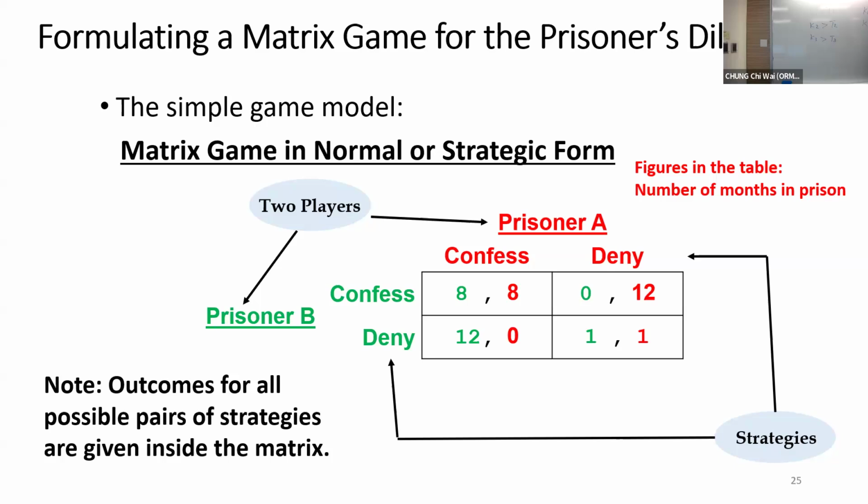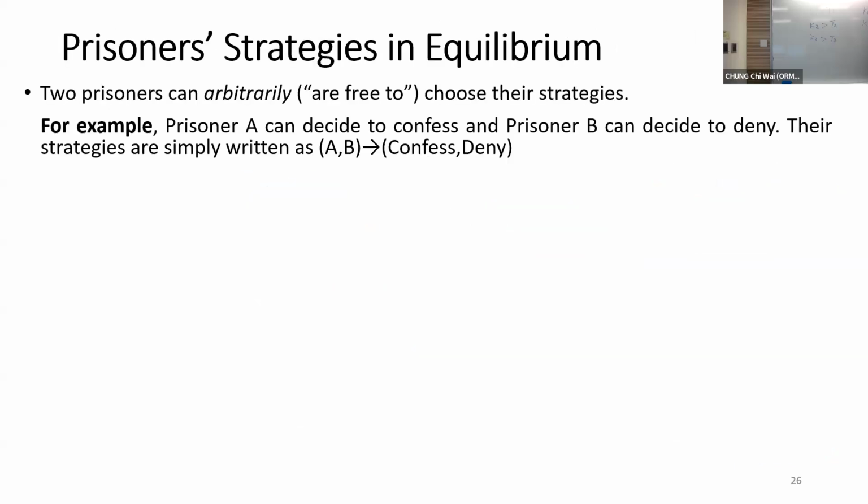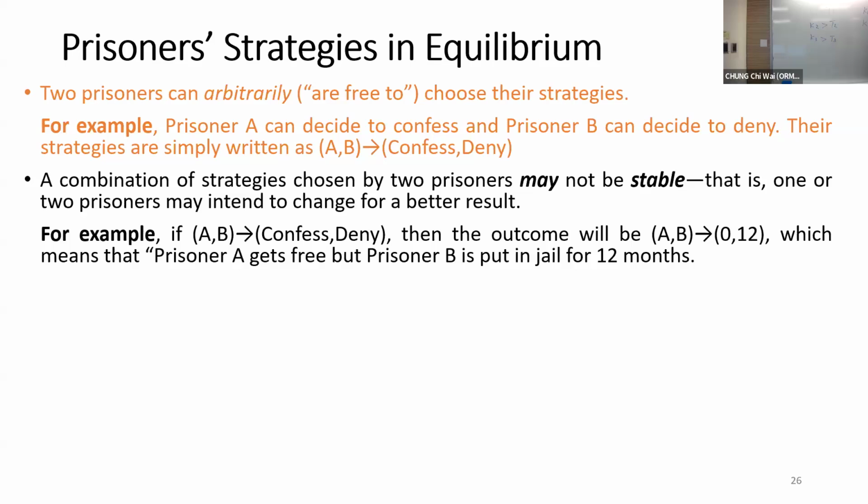Right? So we use the two states method, to see whether the outcomes are comparable, and which sends the best payoff to the two players. So now if A chooses deny and B chooses confess, then the outcome will be zero for A, and B will be put in jail for 12 months.